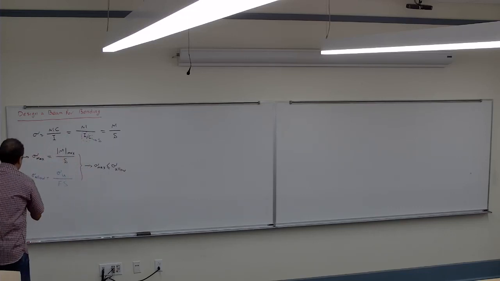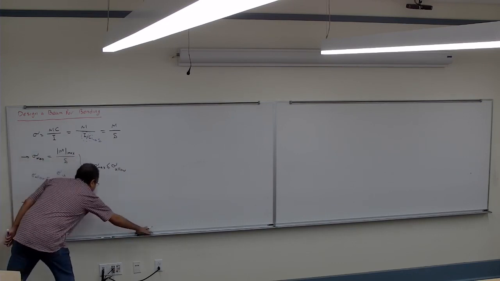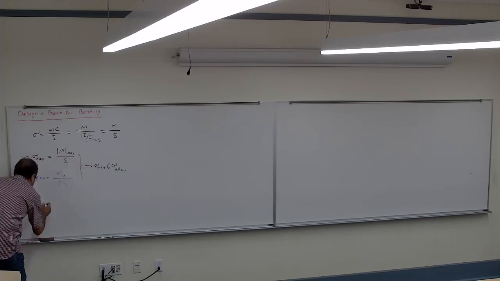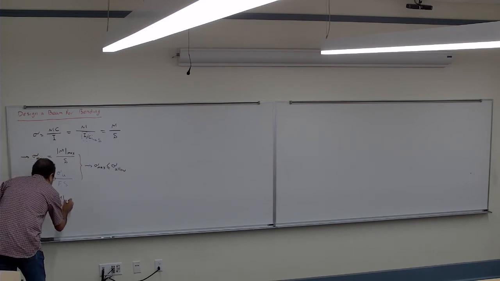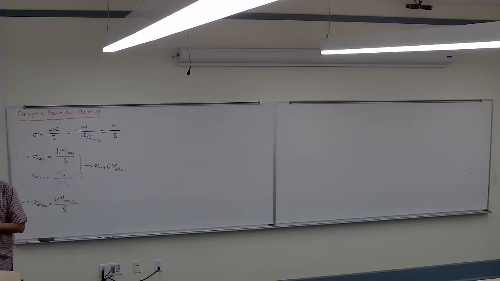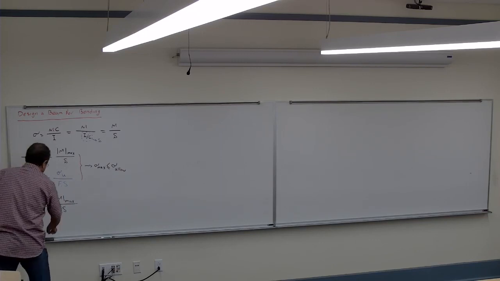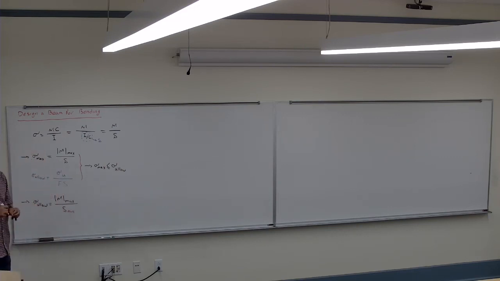In other words, the sigma allowable should be equal to or less than, I'm just going to write equal, the M max divided by S. That S is the minimum allowable S. That's the smallest cross-section allowed. So that's it.